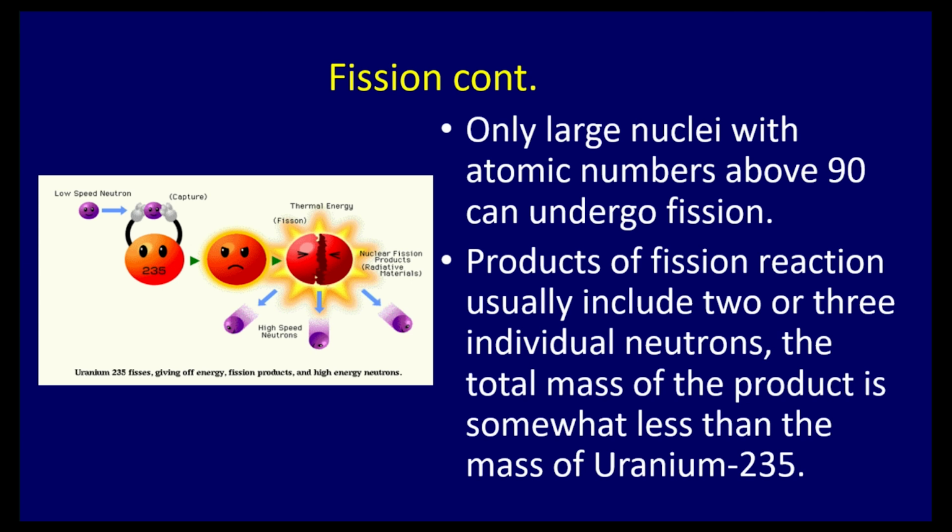Okay, it may be 2 or it may be 3. It is called 2 or 3 because it is somewhere in between 2 and 3. Here, a low speed neutron is captured by the nucleus, that means when a nucleus is hit by another neutron, then the nucleus splits into 2 small size atoms, and it also releases 3 neutrons.